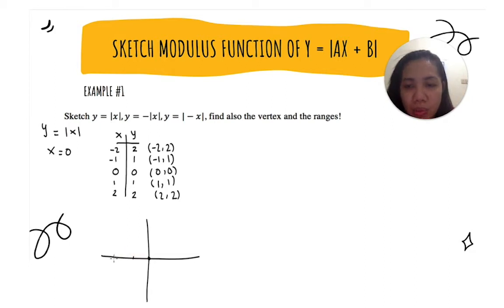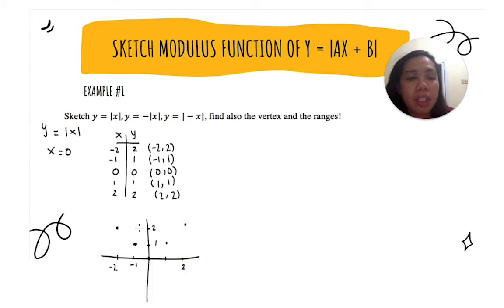This is -1, this is -2, this is 1. So in here this is 1, this is -1, -2, 2, this is 2. And then after that 1, 1, and then 2, 2.